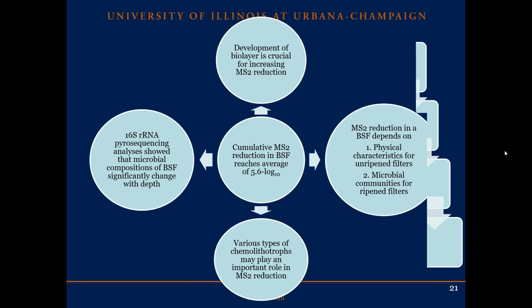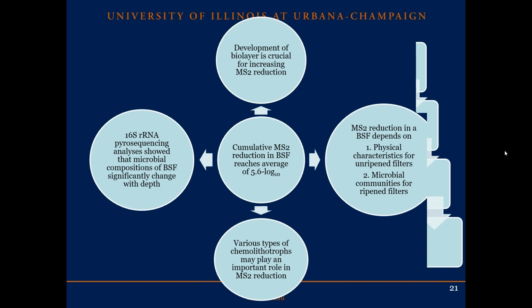In conclusion, our study was able to show that cumulative MS2 reduction in biosand filters can reach EPA standards, and for us it reached an average of 5.6 log after 240 days. What we know is that MS2 reduction in a biosand filter depends on physical characteristics for unripened filters and microbial communities for ripened filters.